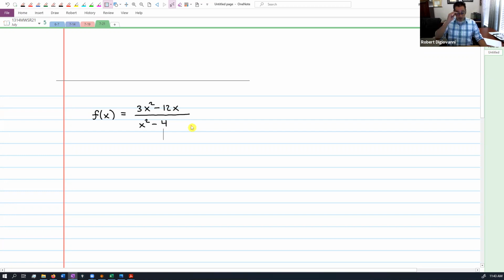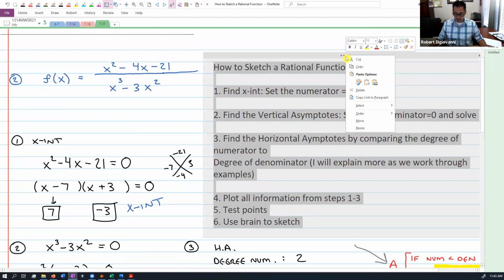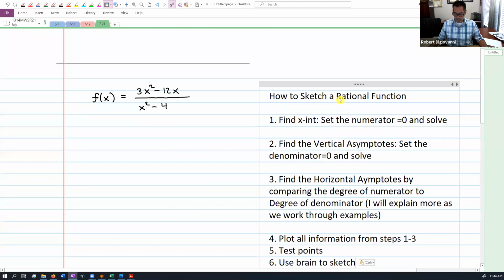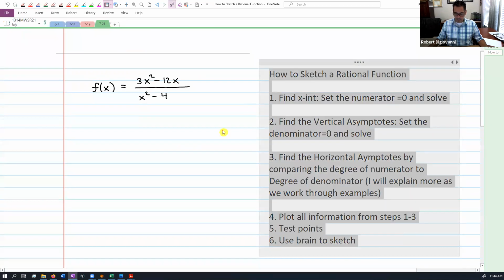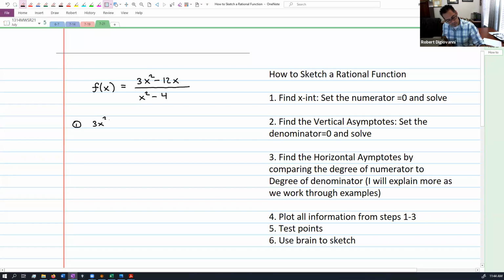So we have a rational function here. We're going to try and graph it. We're going to try and use the steps and see how this goes. All right, so first step, x-intercepts, I set the top to 0.